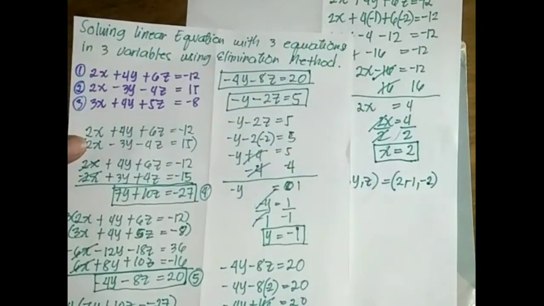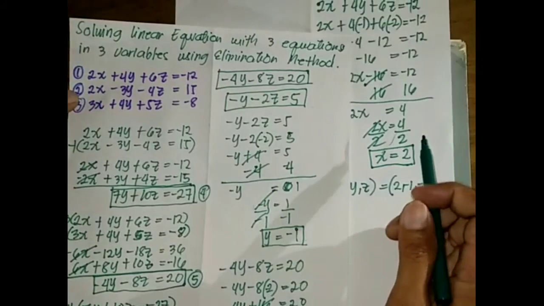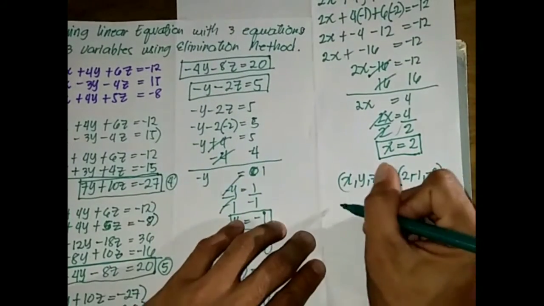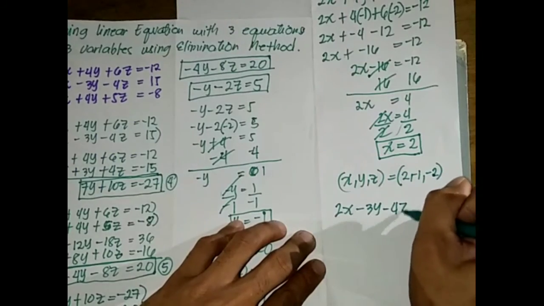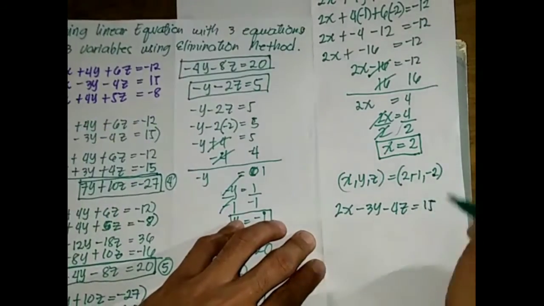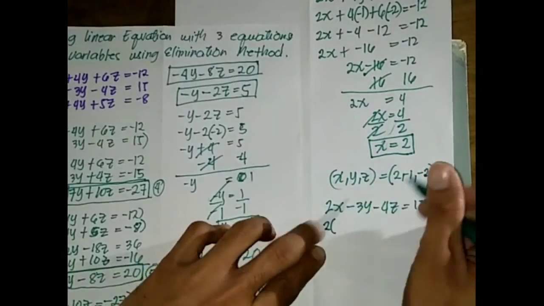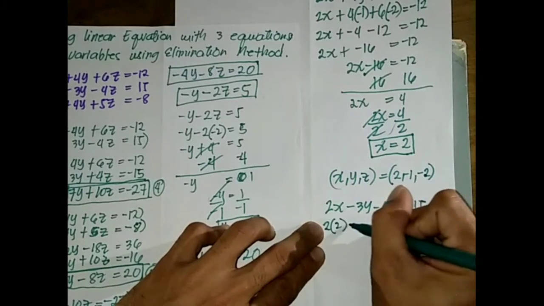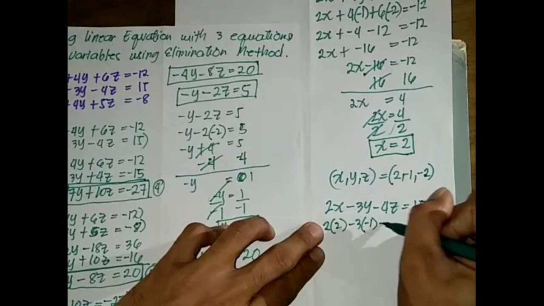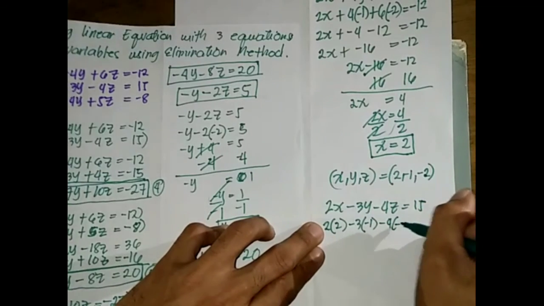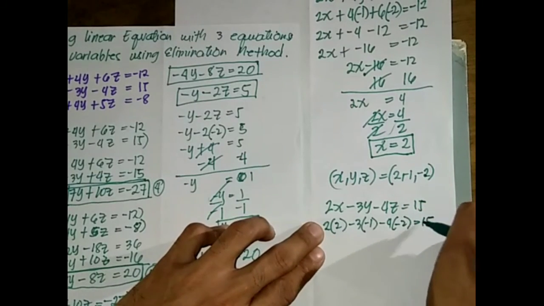So pipili ulit tayo. Okay, we will choose equation 2, which is 2x minus 3y minus 4z is equal to 15. So substitute the value of x, which is 2, value of y, negative 1, then the value of z is equal to negative 2, equals 15.